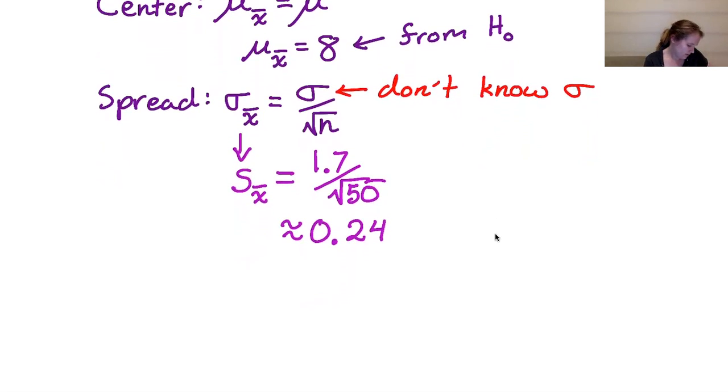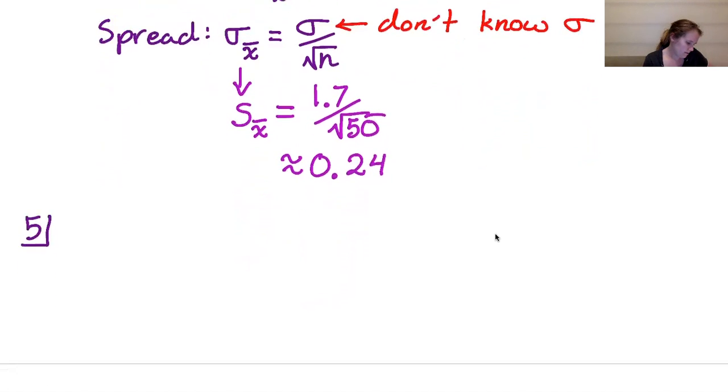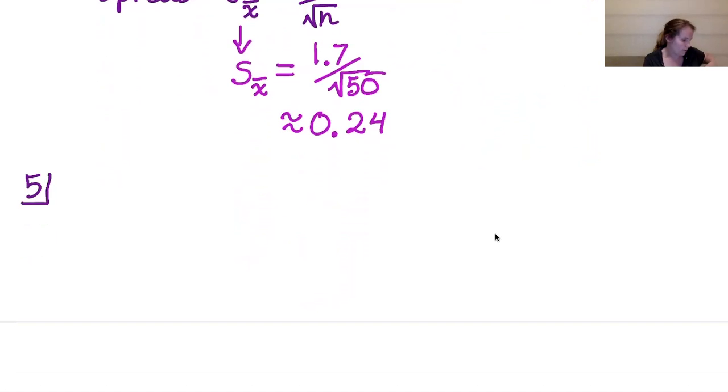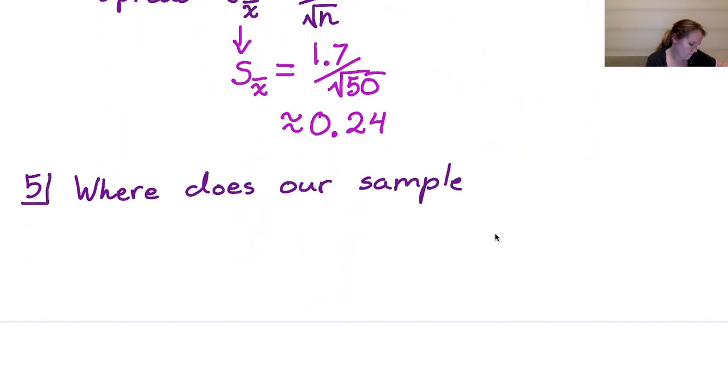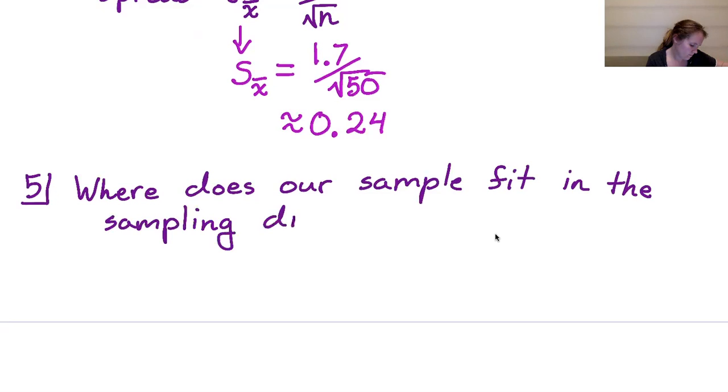From here, step 5, our job is to see where our sample fits into the X bar distribution. So we want to know, where does our sample fit in the sampling distribution? And is our sample surprising?